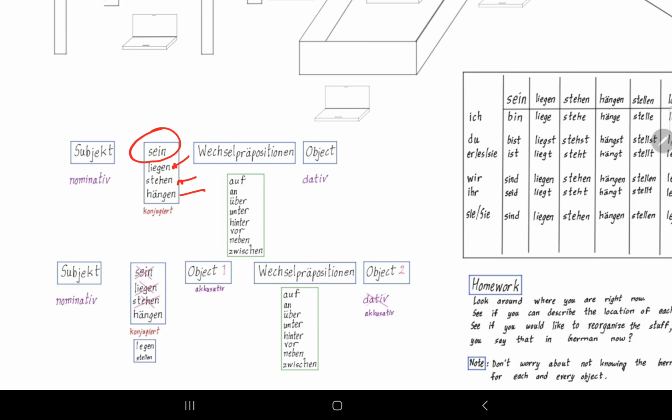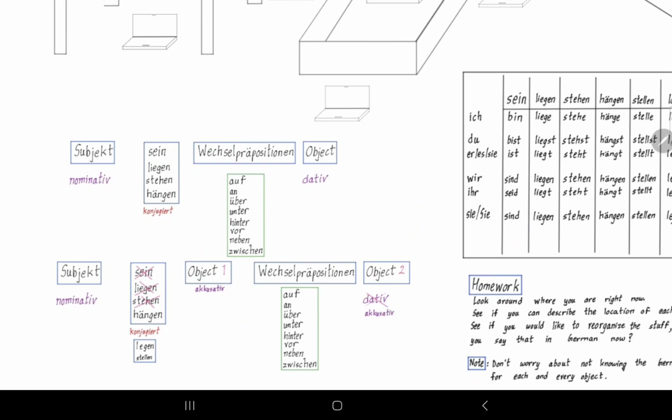This is difficult to believe, but if you really have to translate it into English, I think they will mean keep, but it's not a good idea to translate every German word into English. If you just understand that something is somewhere and you don't like it and you want to move it to some other place, you will have to use legen or stellen. Okay, there can be other verbs, but I think with legen and stellen you can say almost everything you want to say.